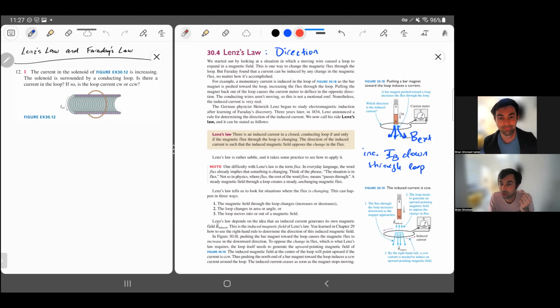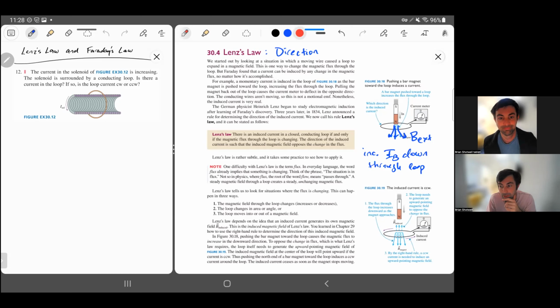So that's the cause here. Lenz's law has to do with changes in magnetic flux. So we notice that anytime you change the magnetic flux through a loop, there's an induced current. The loop basically doesn't like the fact that the magnetic flux is changing, and it's going to do whatever it can to prevent the change.